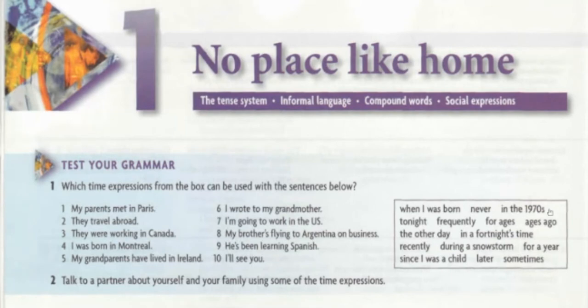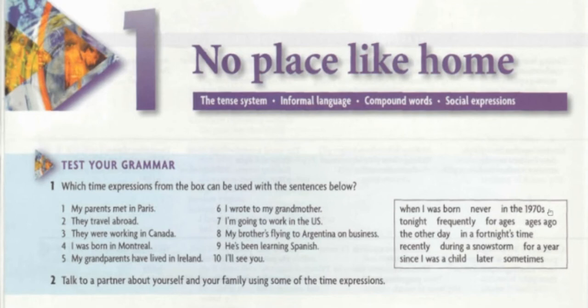So we have present perfect. What kind of time expressions can we choose for this sentence? Since I was a child. Very good, Fatma. Good. Yes, because we use them with perfect. Remember, always we use since and for, or sometimes we use just or already. But here we can use for or since. Yes, very good, Fatma.